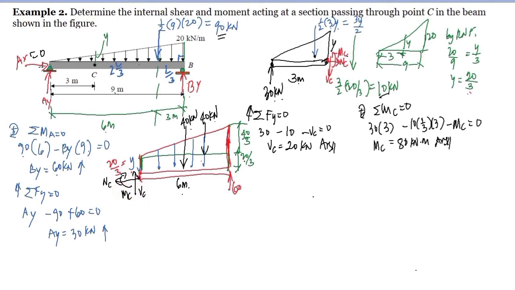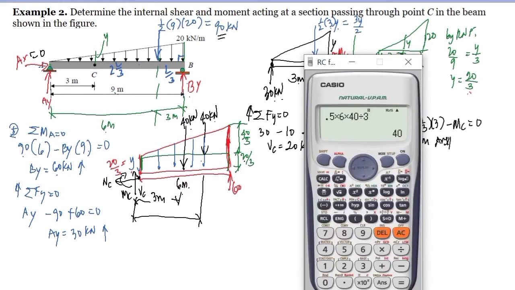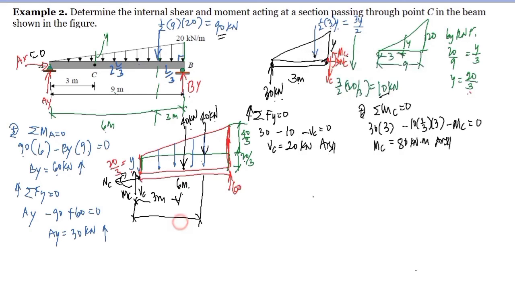So since we are taking moment here, moment arm for the resultant of the rectangular load is half of 6 meters. So this is 3 meters. And the moment arm of this 40 kilonewton resultant of the triangular load is 2/3 of the distance 6. So that's 2/3 of 6, and that is equal to 4 meters.